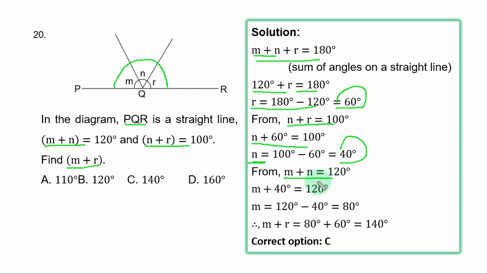Now N is 40, so you have M plus 40 degrees equal to 120 degrees. If you collect like terms and subtract, M is equal to 80 degrees. Therefore, M plus R is equal to 80 degrees plus 60 degrees, and that is 140 degrees. C is the correct option.